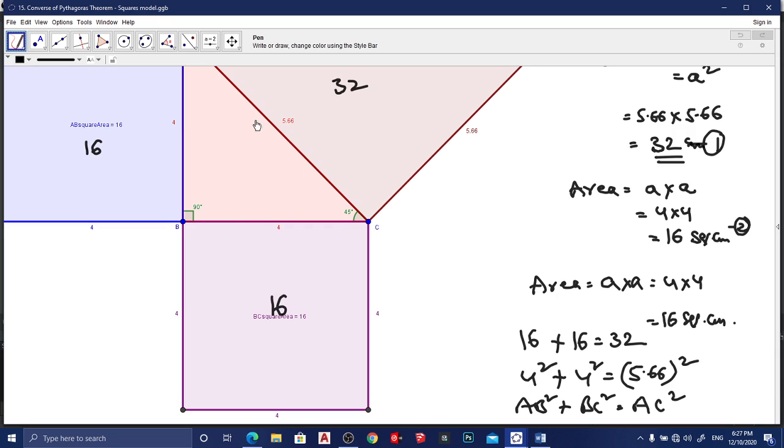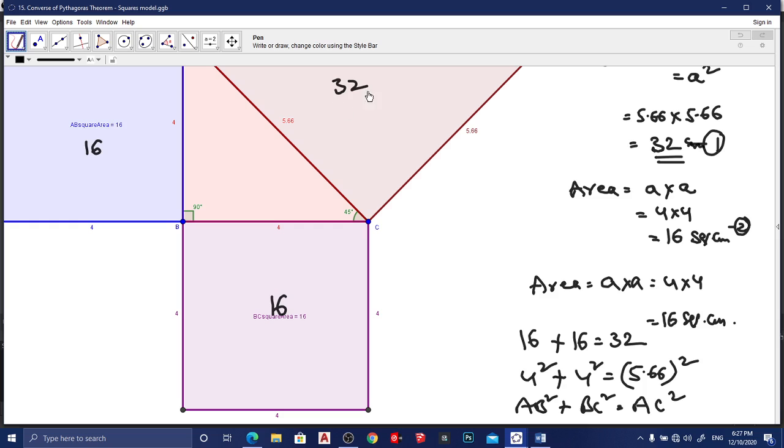Now why are we taking these squares? Because we are taking the square of this length. The square of this length is nothing but the area of the square formed by the side of this length.